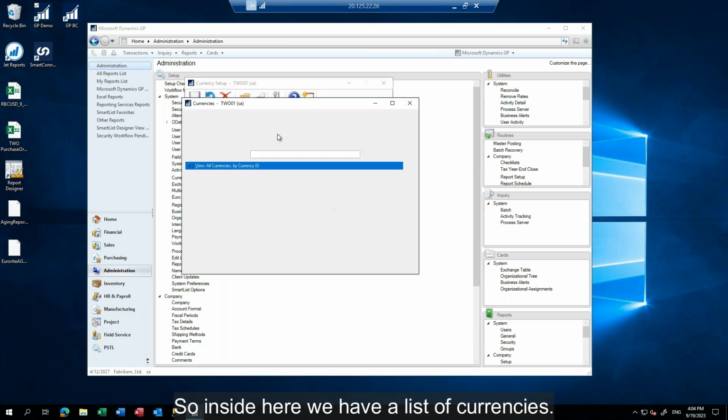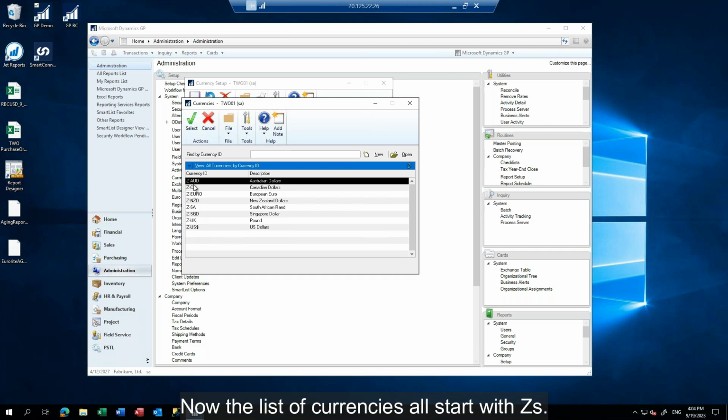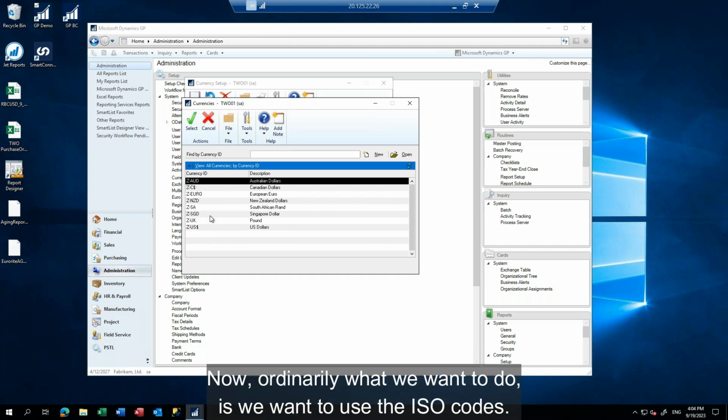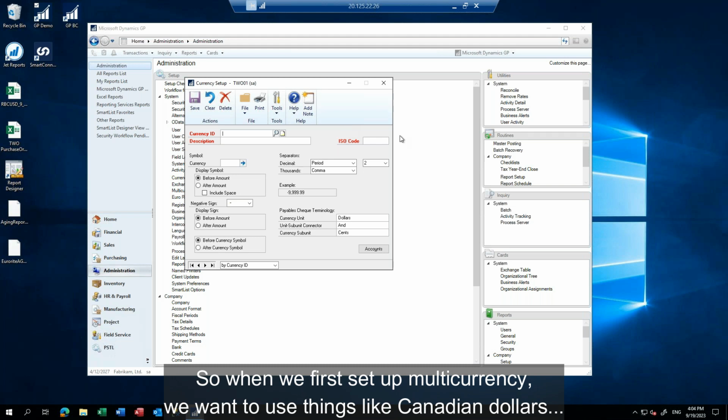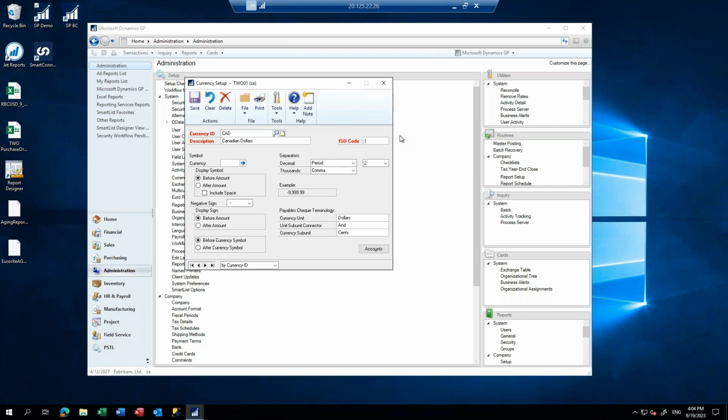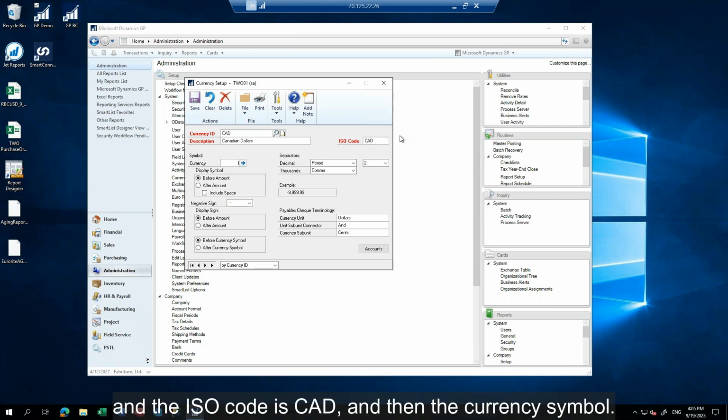Inside here, we have a list of currencies. Now, the list of currencies all start with Zs. Ordinarily, what we want to do is use the ISO codes. So when we first set up multi-currency, we want to use things like Canadian dollars, and the ISO code is CAD.